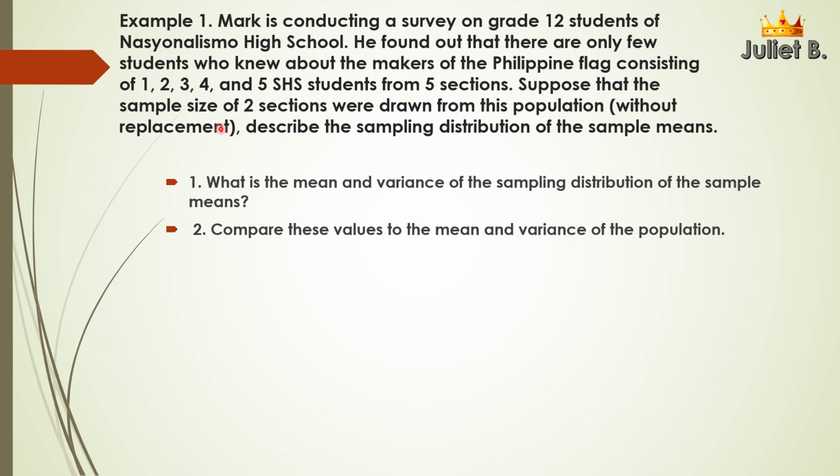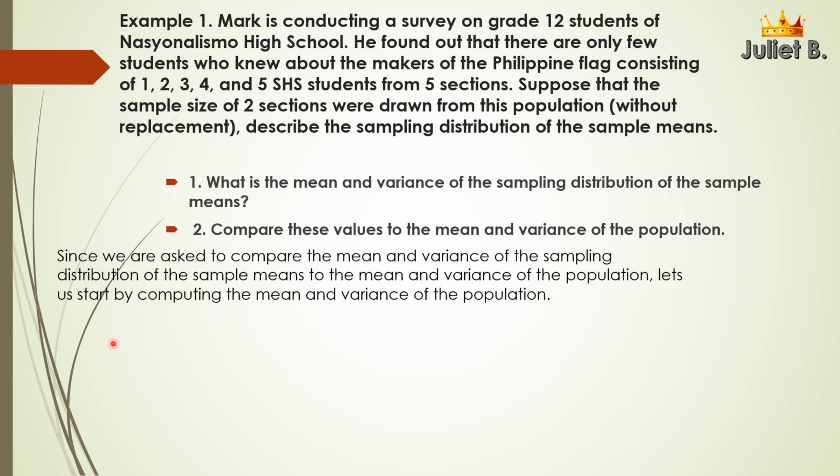Suppose that a sample size of 2 sections were drawn from the population, without replacement. Describe the sampling distribution of the sample means. 1. What is the mean and variance of the sampling distribution of the sample means? And second, compare these values to the mean and variance of the population.